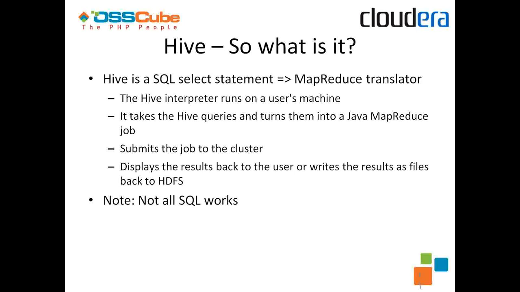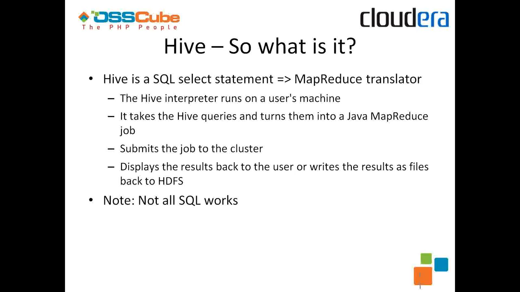You make sure you have Hive installed on your client computer. The interpreter runs on your client computer, much like your MySQL shell, where you have your shell sitting locally. You type in your query.